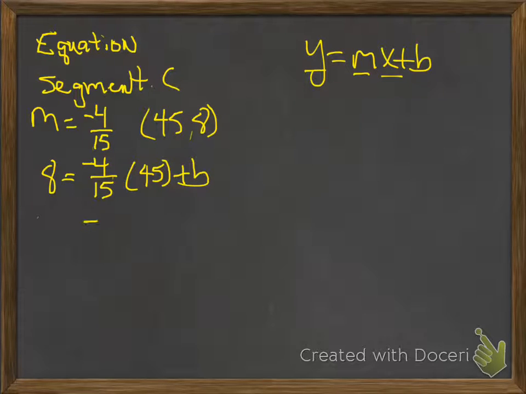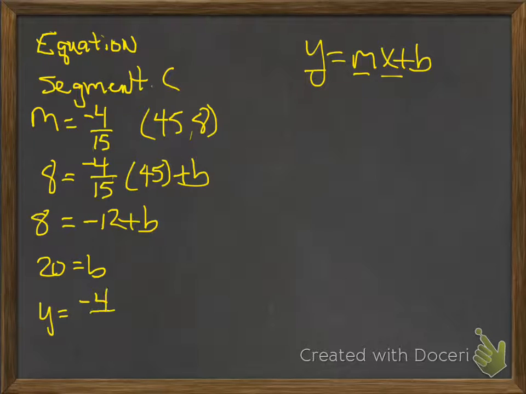You multiply, you get negative 12 plus b equals 8. Add 12, and I don't know why I'm actually writing that because I shouldn't need to. So add the 12, and you get b is equal to 20. So my equation is y is equal to negative 4 over 15 x plus 20.